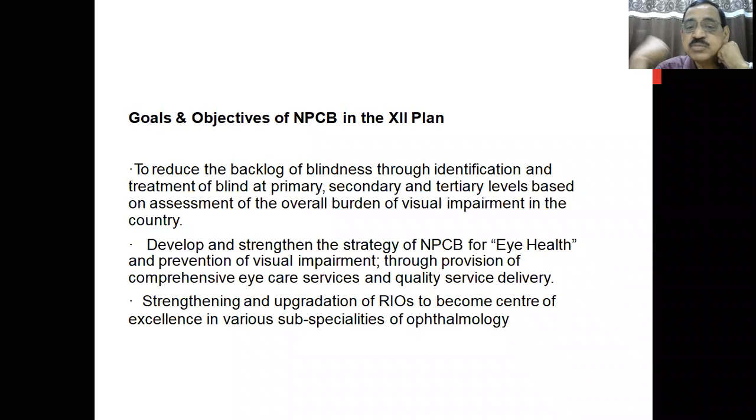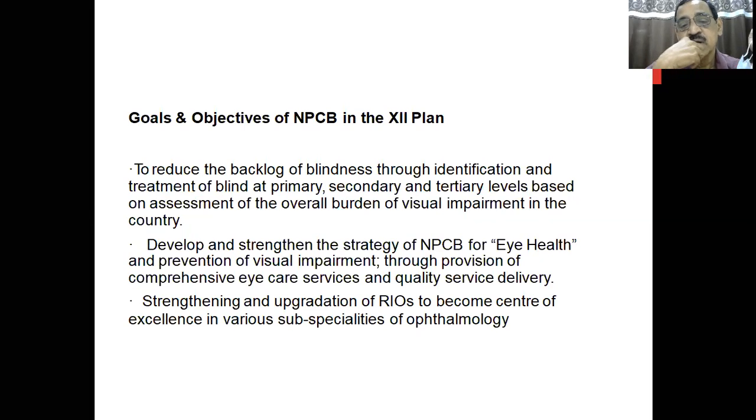So goals and objectives of NPCB in the 12th plan. The first and foremost is to reduce the backlog of blindness through identification and treatment of blind at primary, secondary, and tertiary levels based on assessment of the overall burden of visual impairment in the country. Okay.